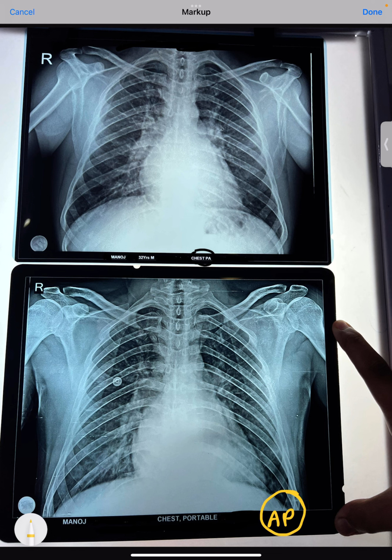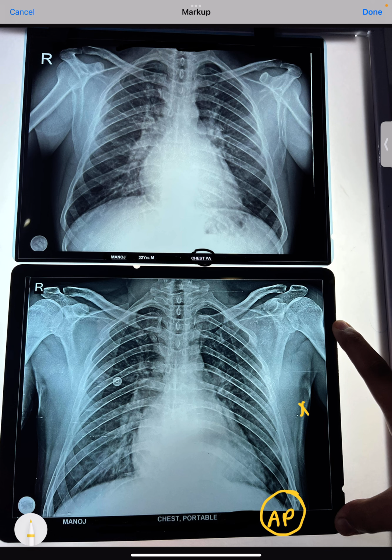It means the X-rays were shot from anterior to the patient and the film was kept posterior to the back of the patient. So what exactly is the main problem in anteroposterior is that almost all the structures appear like in zoomed mode.